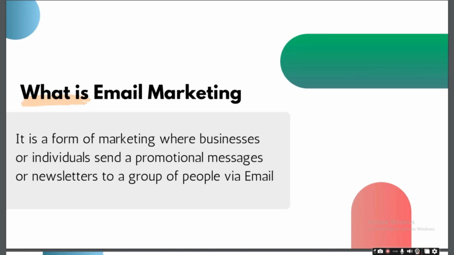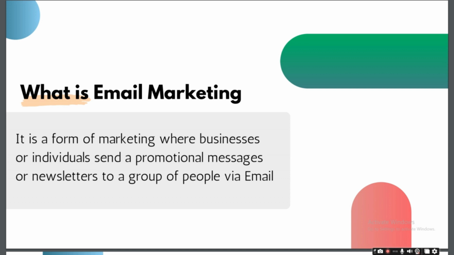So let's move ahead. Now, what is email marketing? This is the basic question, right? It is a form of marketing where a business or an individual, maybe a freelancer, or maybe someone who has just started in the digital marketing world, sends a promotional message or a newsletter to a group of people via mail.